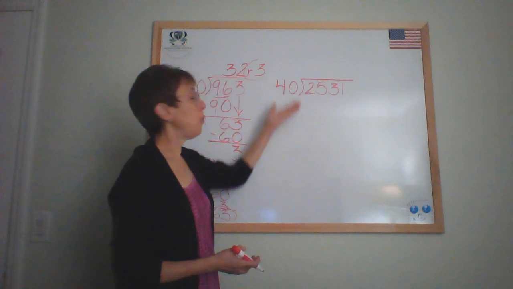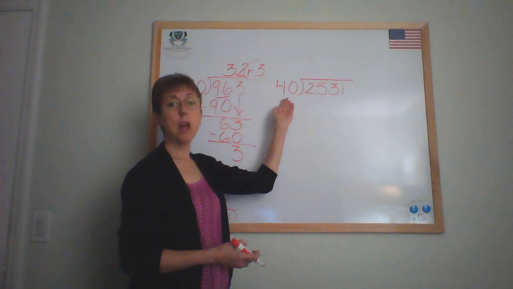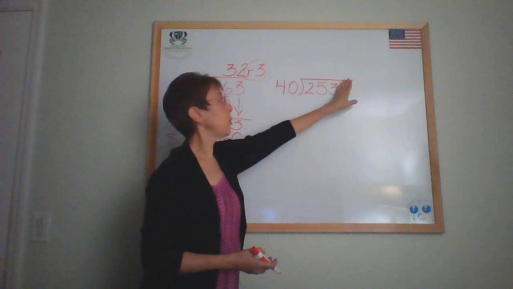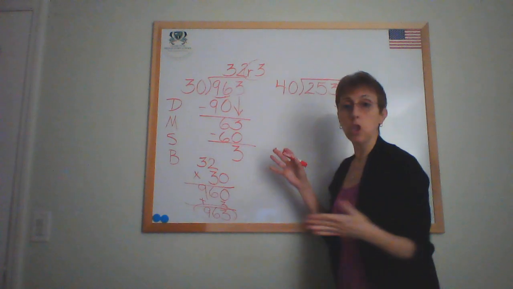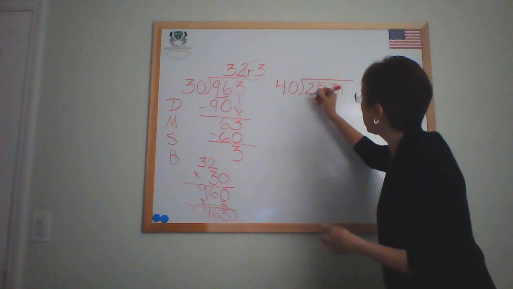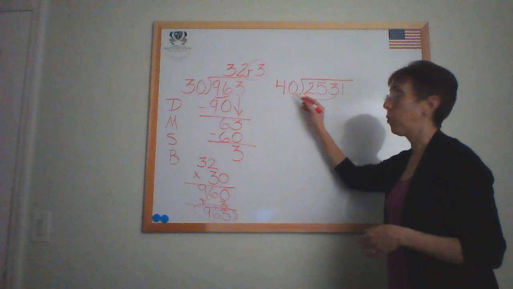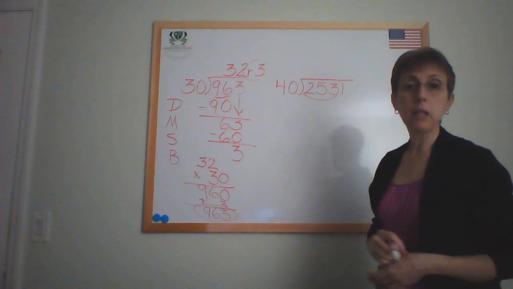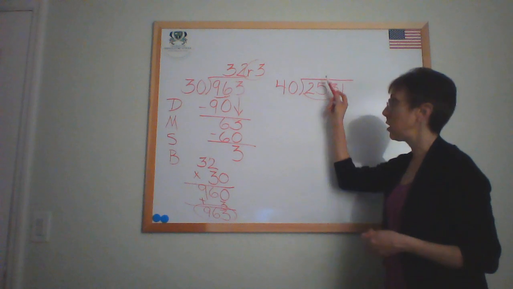Now we have to see, well, what possible number are we going to multiply the 40 by to come close to 253? So here's where we're going to look at our basic multiplication facts again. So we're looking at this as our problem, 253 divided by 40, but now we're going to use basic multiplication facts to help us figure out what that quotient should be.